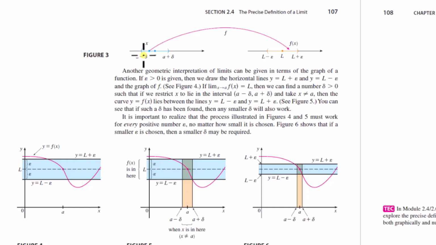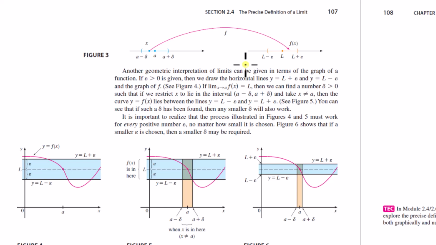Then if you would map absolutely all of those x values contained in that interval to the output, then if the limit exists and is equal to L, you're going to find that there is a ceiling on how far those outputs stray from the limit value, with that ceiling given by epsilon. Okay, and so the idea then is this.